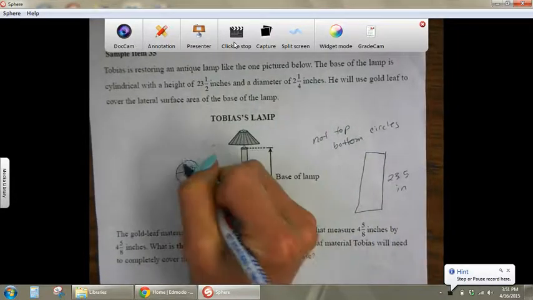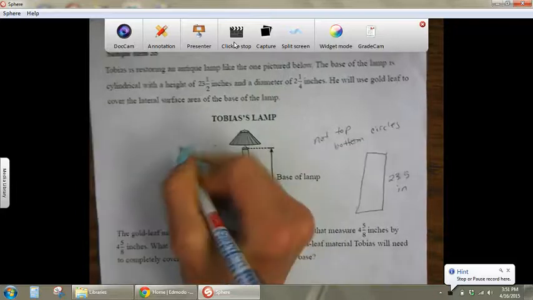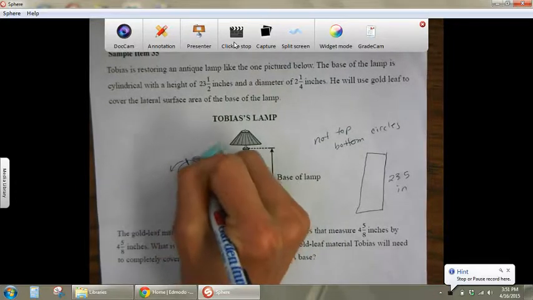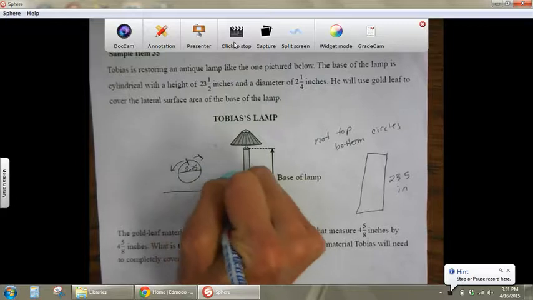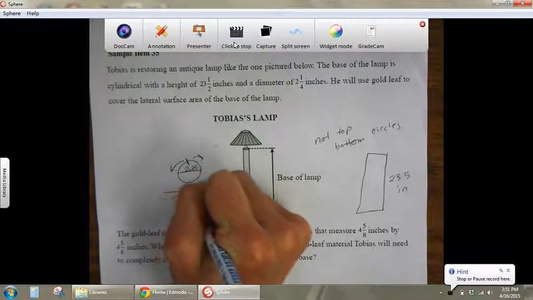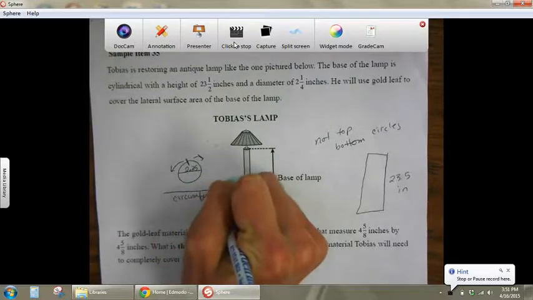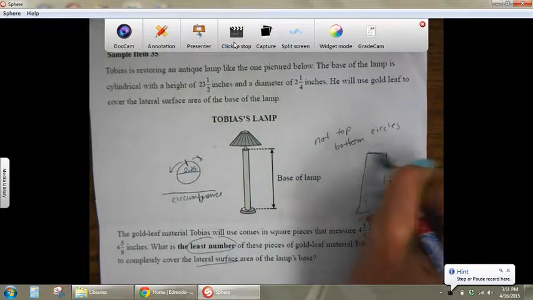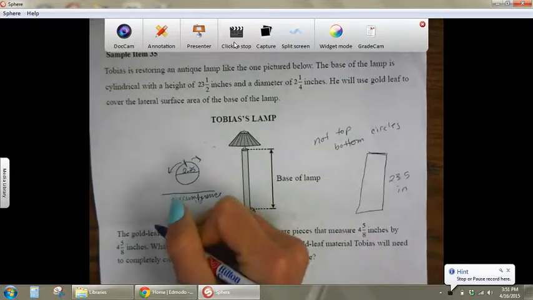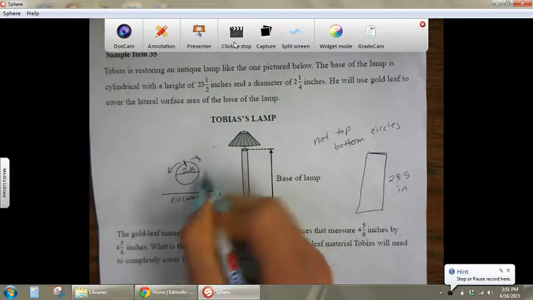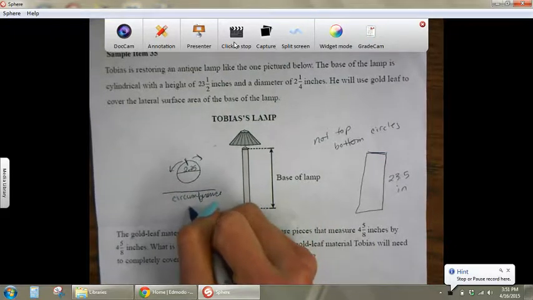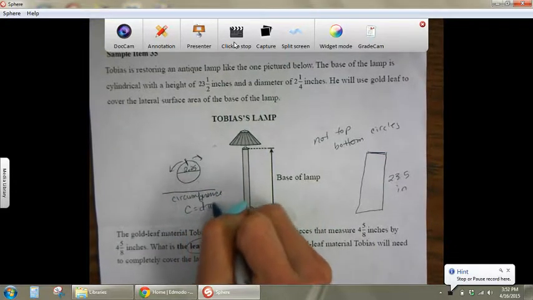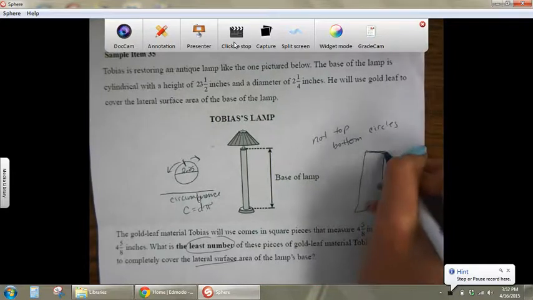When you snip the edge of that and then unroll it, that's going to be the circumference. So it's going to be this top part here. I know it looks a lot bigger over there, but whatever. The circumference is the diameter times pi, so this top part after we unroll it is just going to be 2.25 pi.